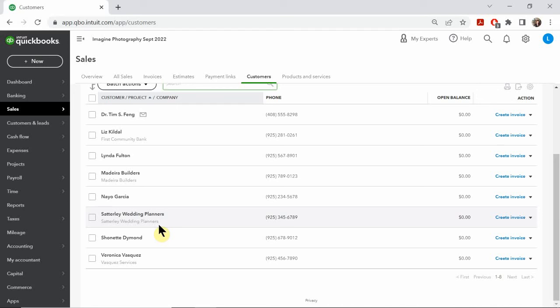So you can either contact the couple who's getting married, or you can contact the main customer, which is going to be the Satterly Wedding Planners, because they're the ones you're contacting to plan and schedule your photo shoots.